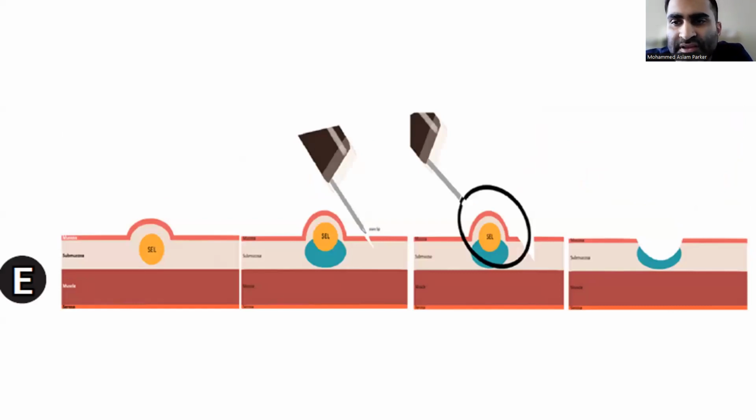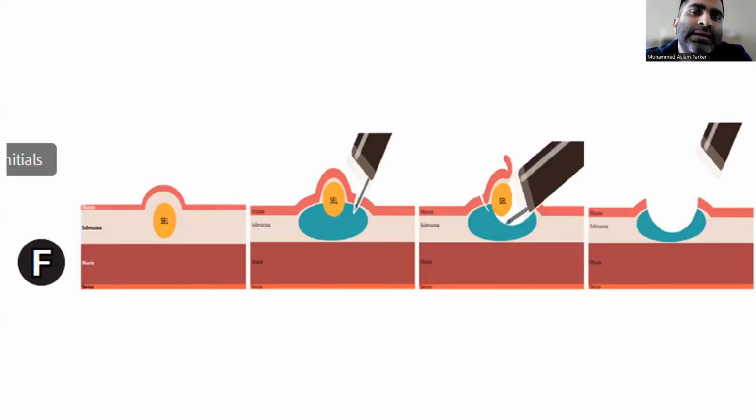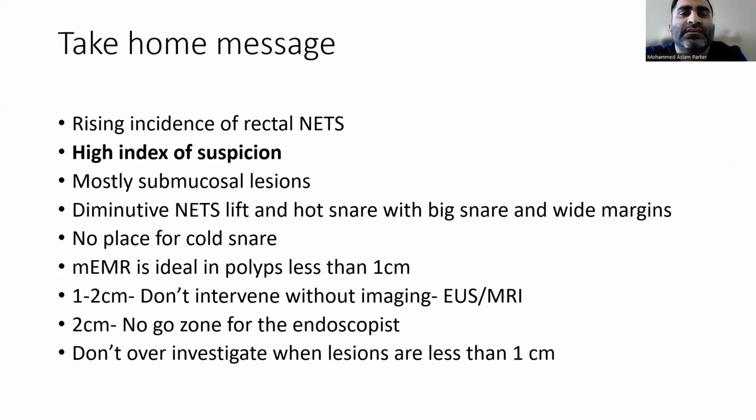And here as well with the anchored snare tip EMR, it's essentially the same concept of trying to get under the lesion deep in the submucosa to not leave any remnant behind. Here you've got your conventional ESD for removal of these lesions. And so this is the end of my presentation.